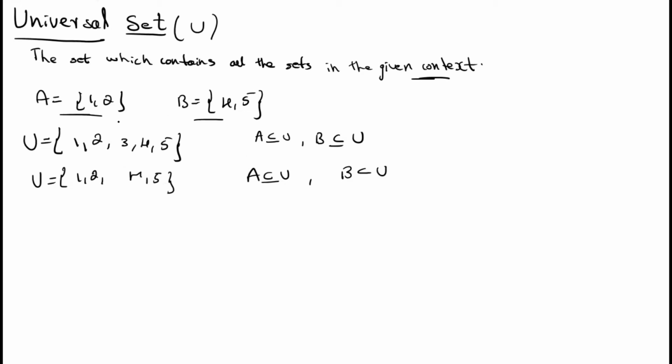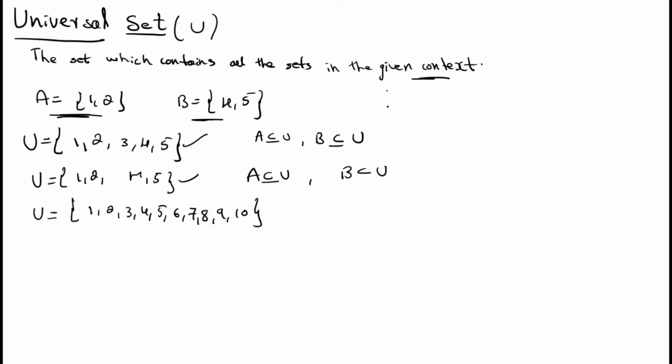In this situation, you can take universal set as 1 2 3 4 5, or as 1 2 4 5, or universal set U is equal to 1 2 3 4 5 6 7 8 9 and 10. Why? Because A is a subset of U, B also a subset of U. Okay, clear? Universal set means the set that contains all the sets in the given context.